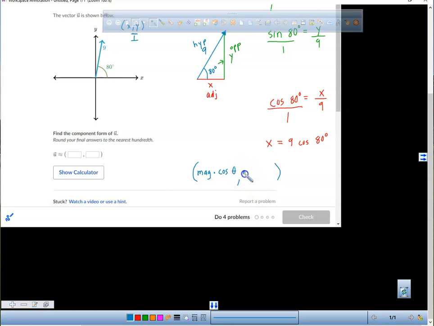Over here, take your magnitude, multiply it by the sine of theta, and this will always work if you're in what quadrant? If you're in the first quadrant. Now we're still going to use this principle, except we might have some negative answers because we're going to be finding the components. Okay? So right now, let's go to our calculators and see if this works.